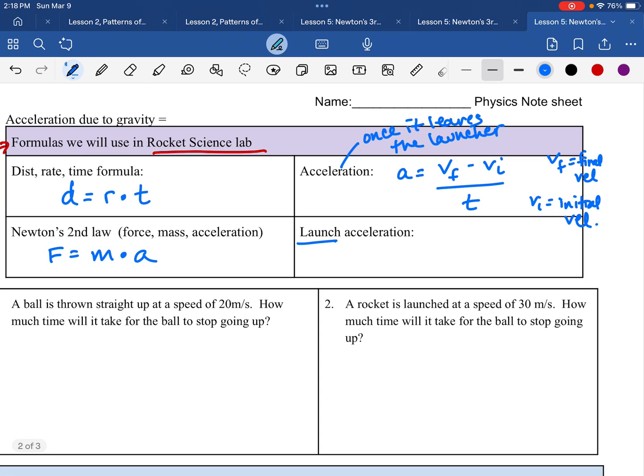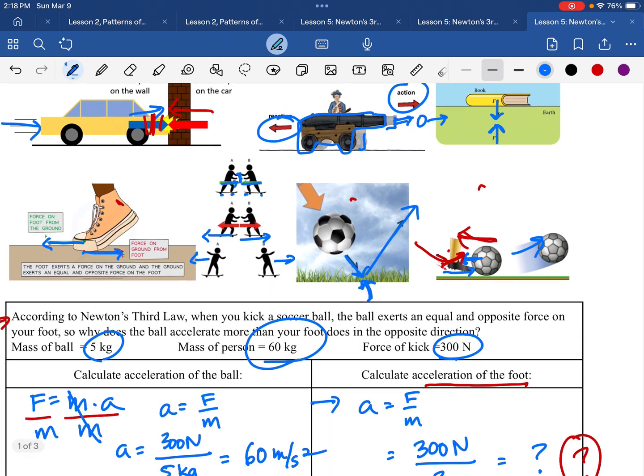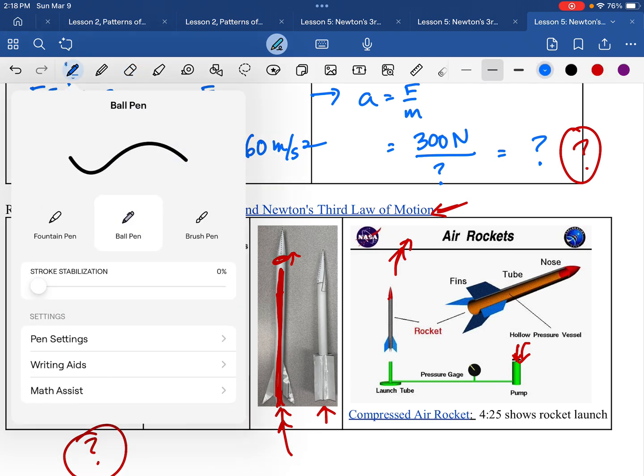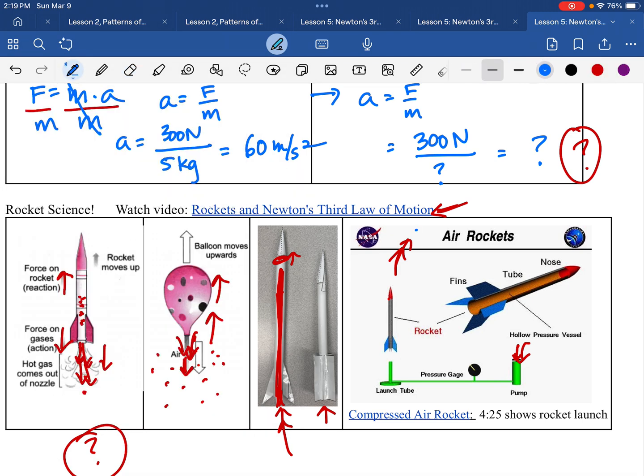And then launch acceleration. So that is as the rocket is leaving the launcher. So let's look at our picture here of our rocket launcher. So we have our rocket launcher, and as I mentioned before, this is like a piece of PVC pipe here, and then the paper rocket fits over that PVC pipe very tightly.